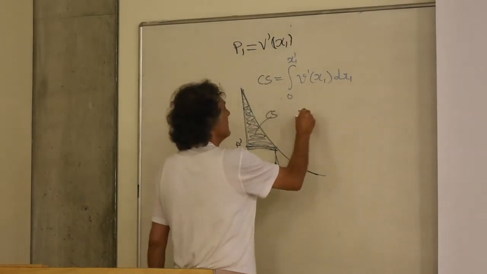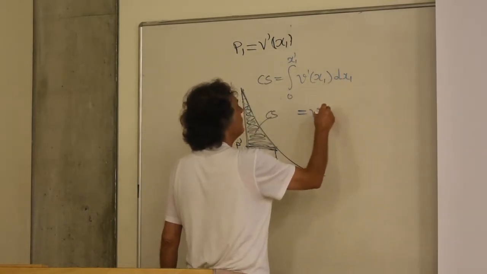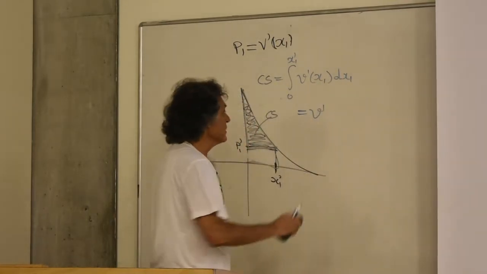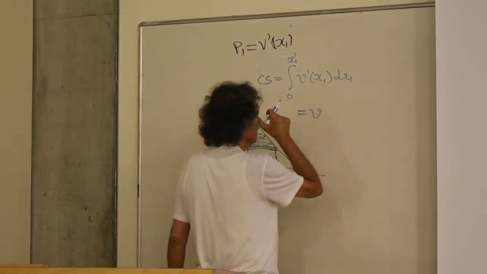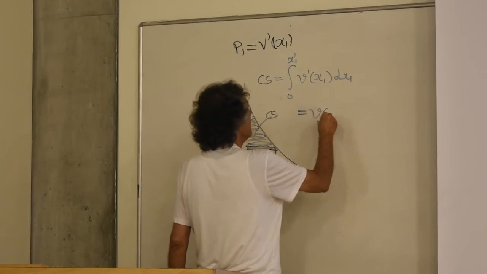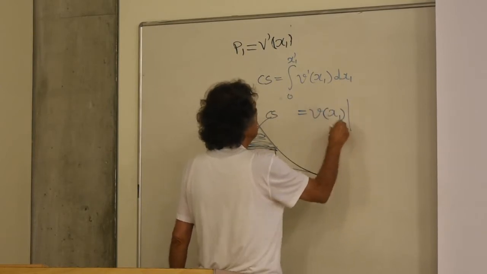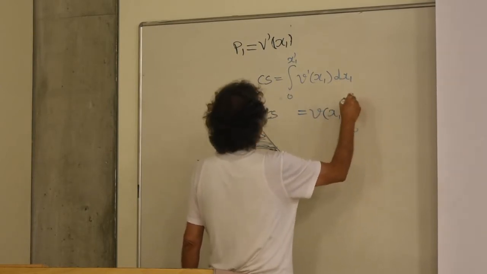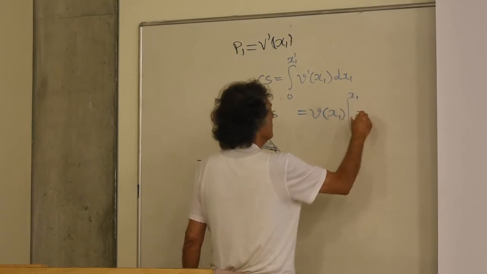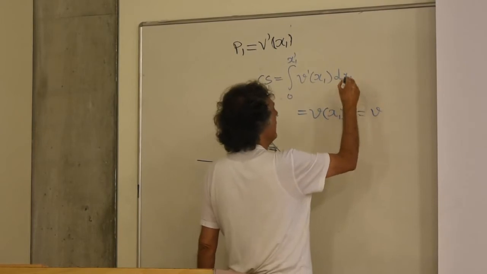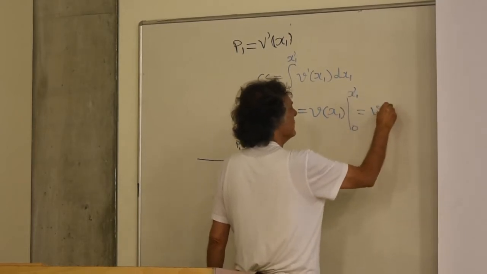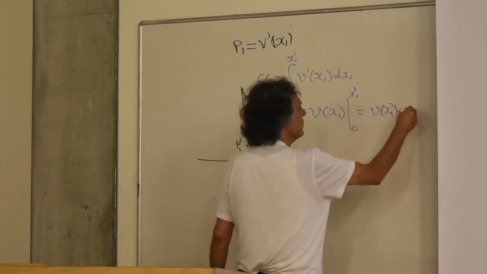So this is V, the function itself, of X1, in between 0 and X1 prime, which is V of X1 prime minus V of 0.